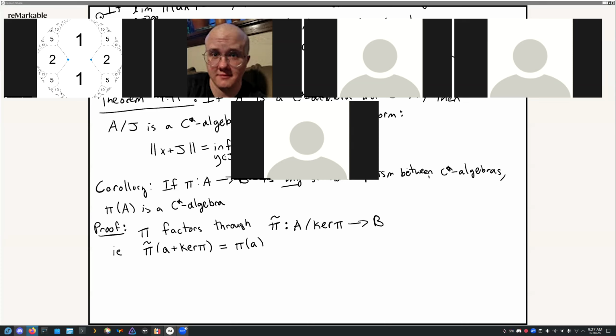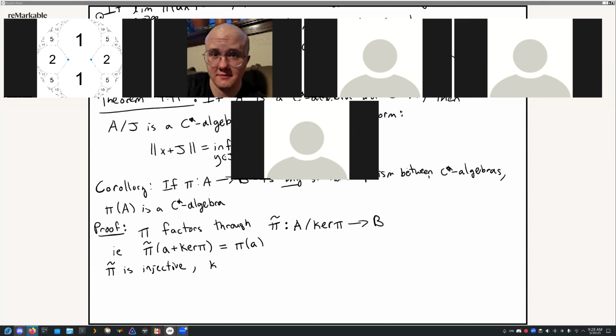And pi tilde is injective. It's injective by construction. If it wasn't, then there would be an element A, which is not in the kernel, for which pi of A is 0. That can't happen.